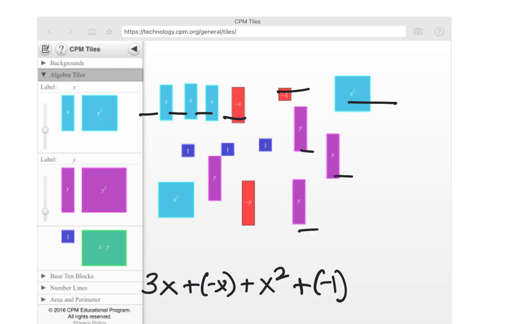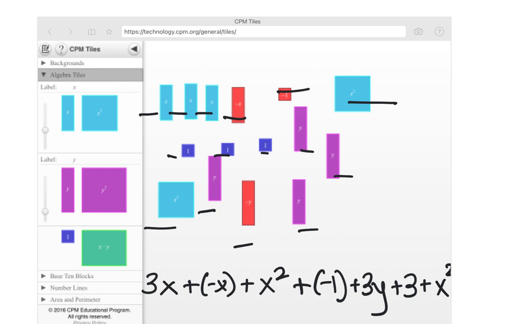I got 1, 2, 3 y's, and 1, 2, 3 units. Oh, we got a whole bunch here. Then we've got plus 3, oh, we have those 3, sorry, plus x squared, plus a y, and then plus a -y. Wow, that's a lot of tiles.